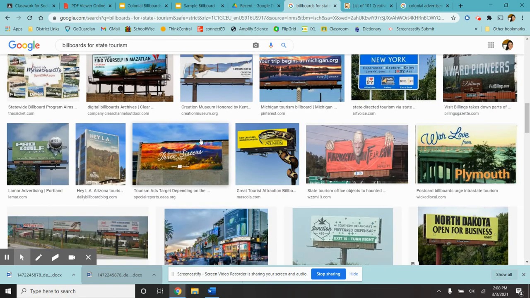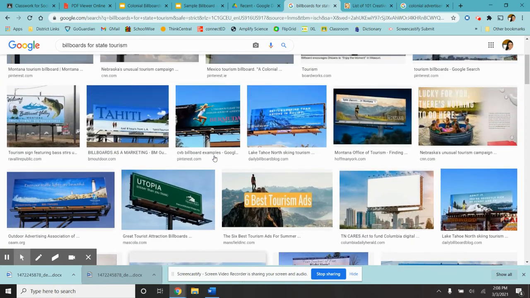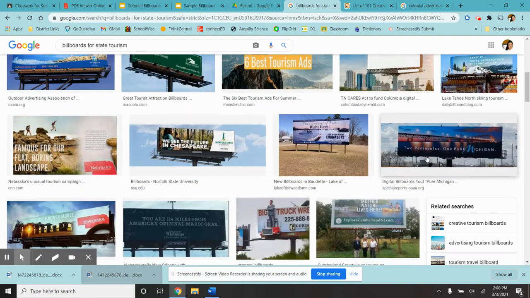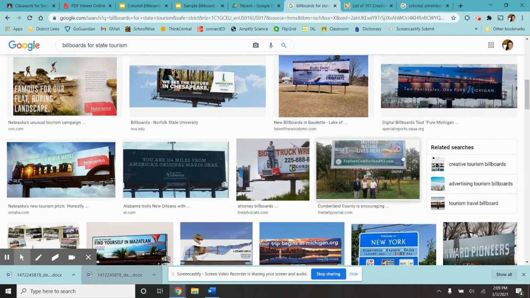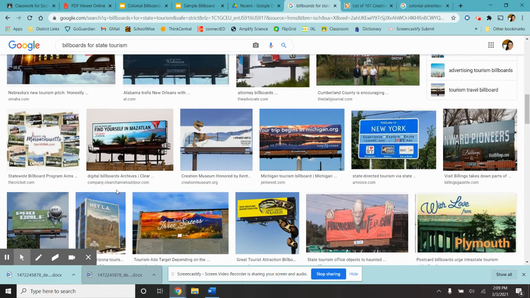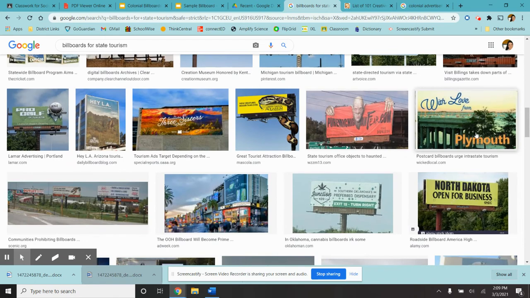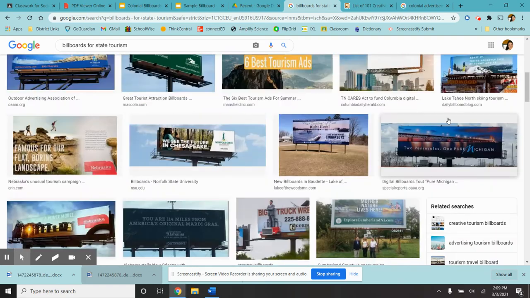Another thing to look at, just to show you what advertisements look like now for tourism. There are always catchy images with a phrase, and these are for current places. With love from Plymouth. Obviously, we're not doing something that small.